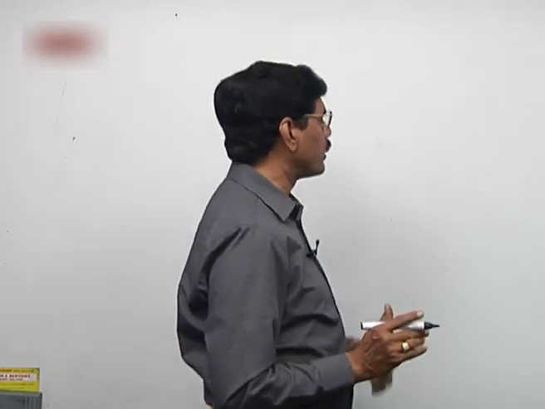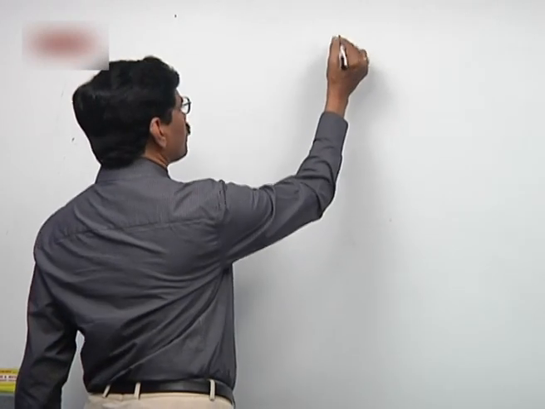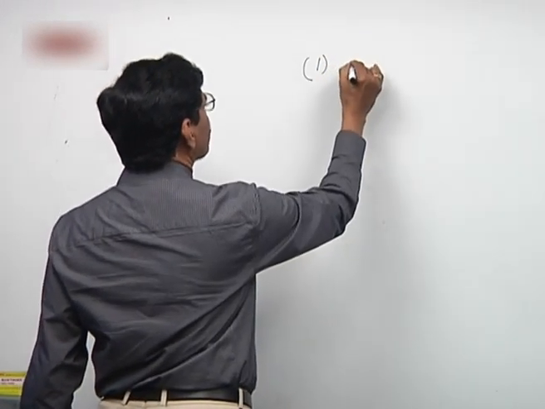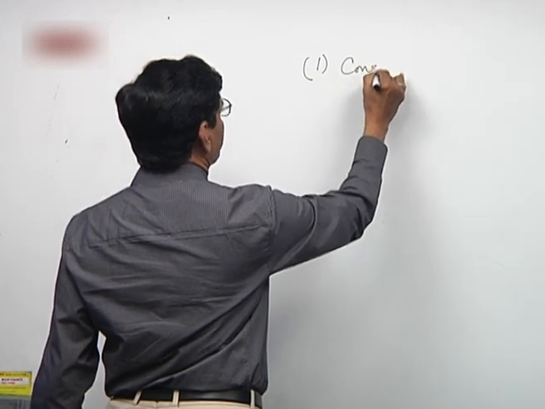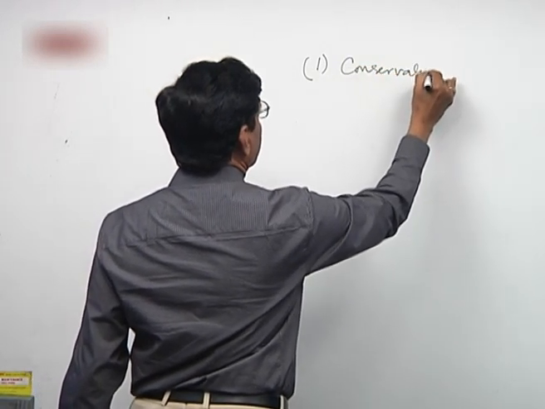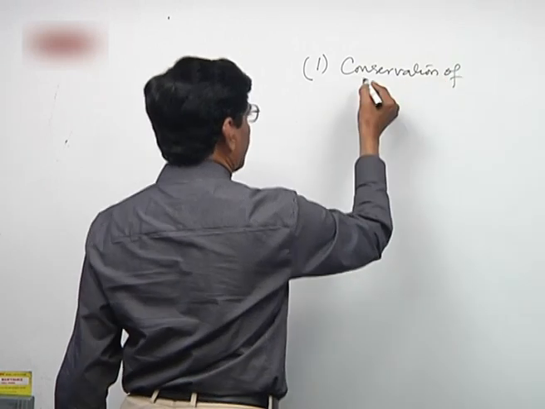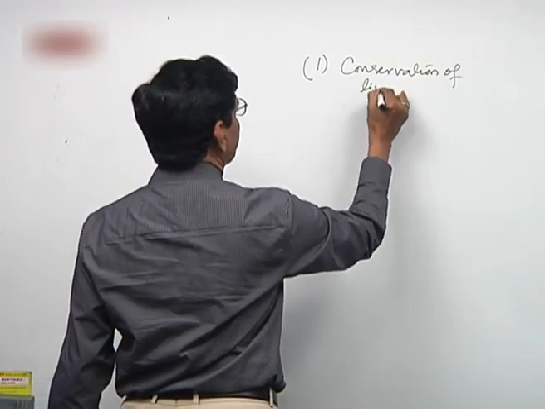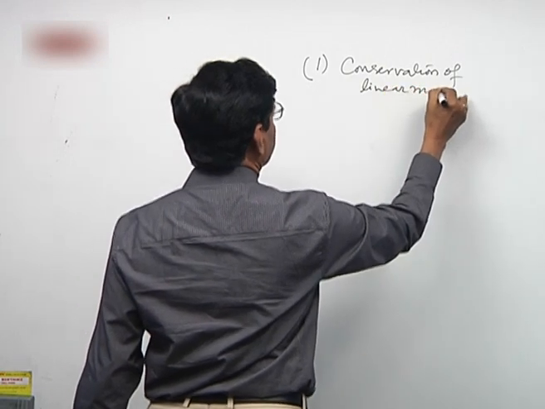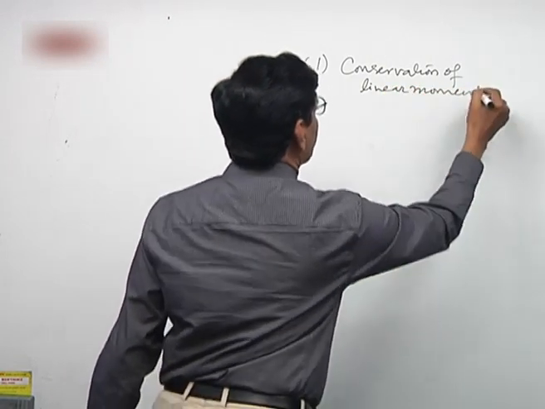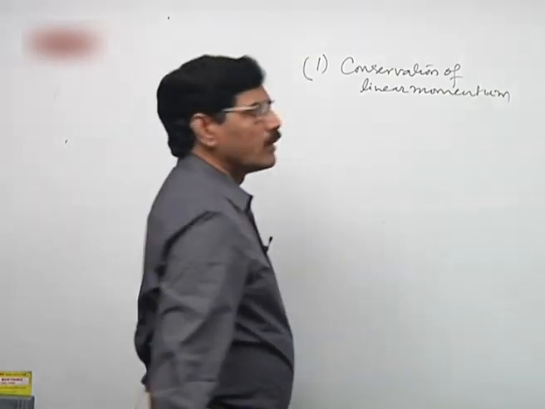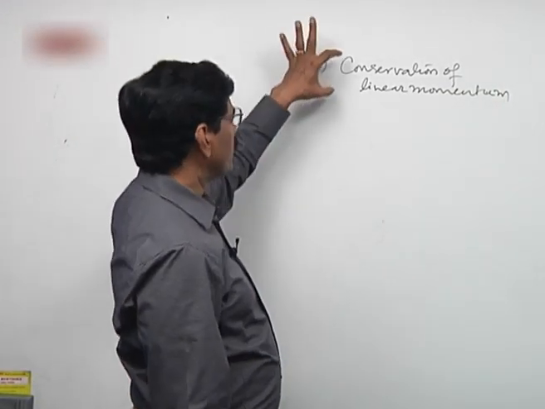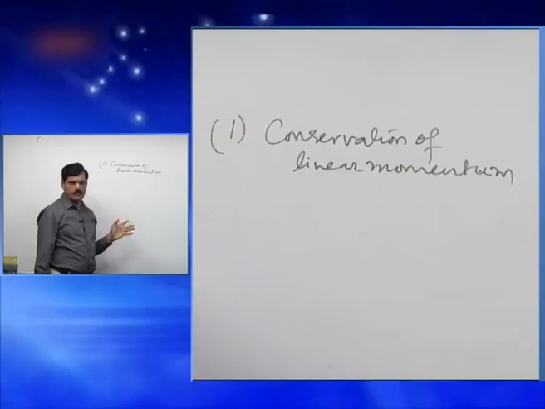So the most important thing to consider for collisions is conservation of linear momentum. Linear momentum is a vector quantity, so conservation of linear momentum is the point. Whatever event we call a collision, one thing is the conservation of linear momentum.